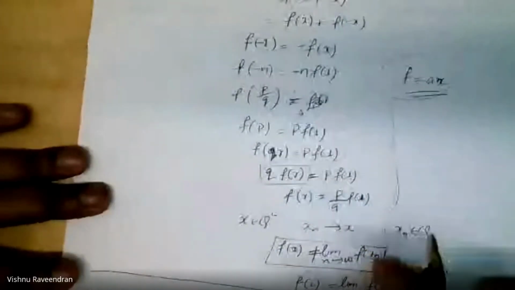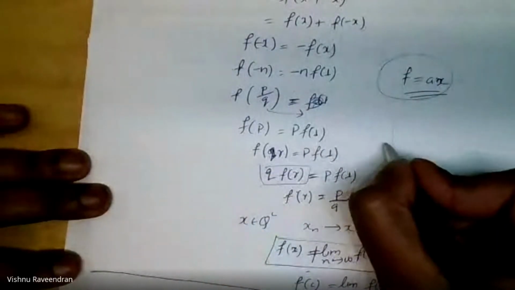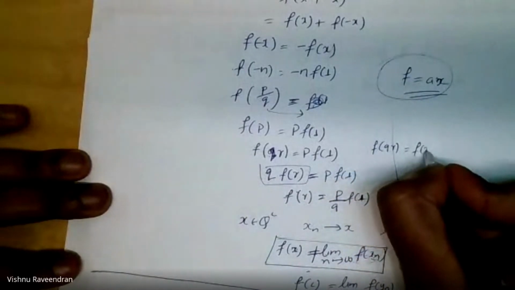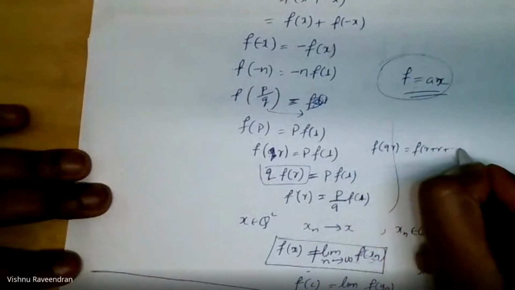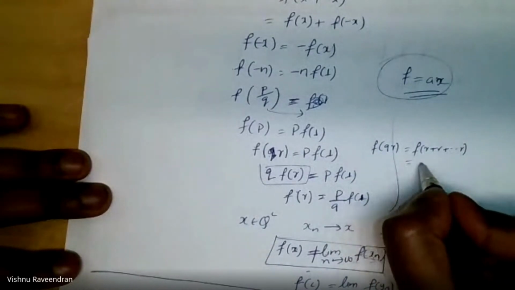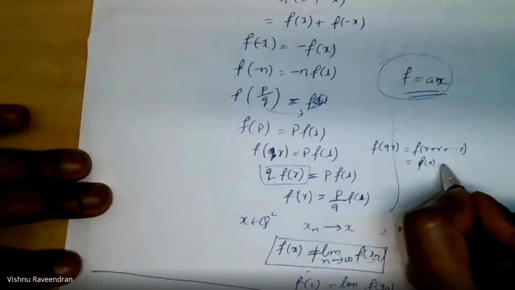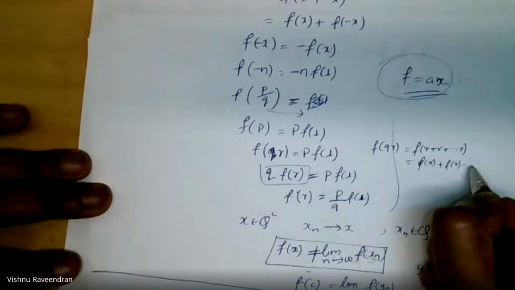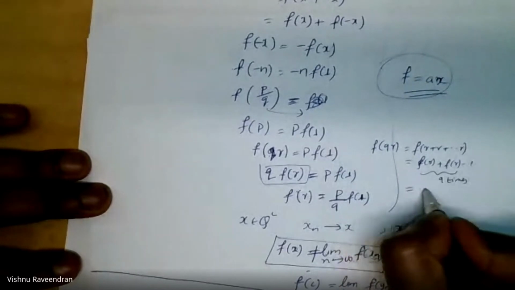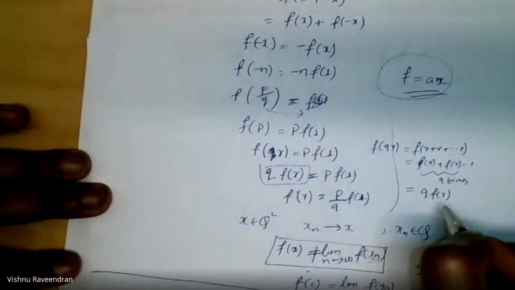Yes, because q is an integer, right? So f(qr) means f(r) plus q times, so basically q into f(r).